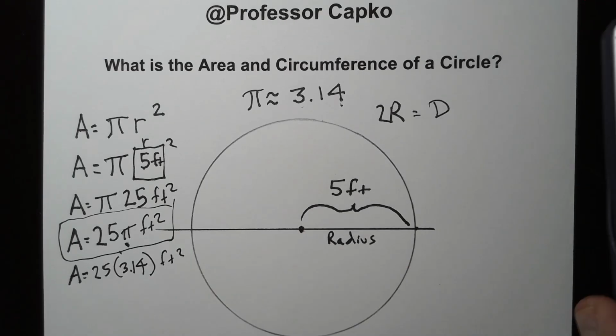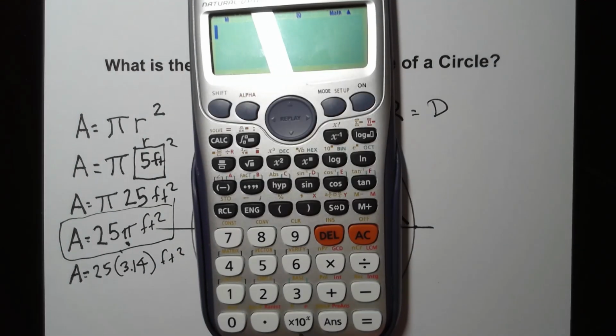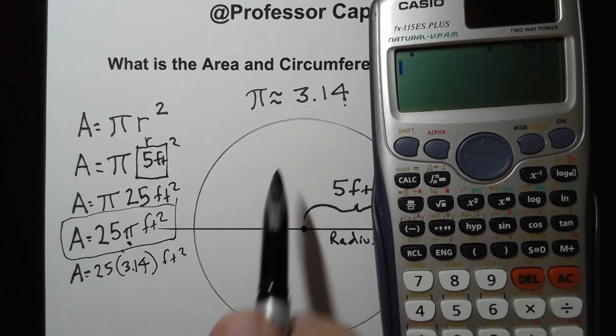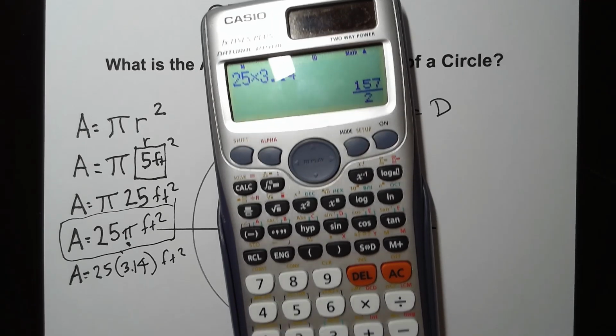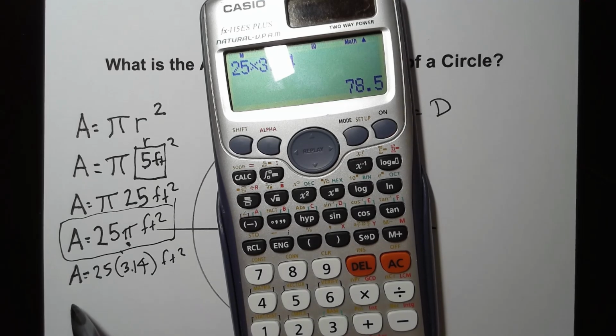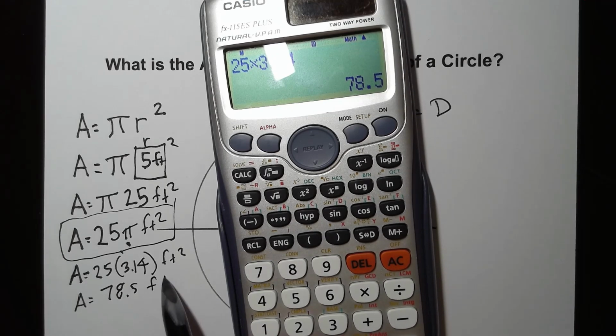So we multiply this out. I'm going to use my calculator, and it actually has a pi button on here. But if we've been told just to approximate as 3.14, I'm going to use that. So if I have 25 times 3.14, and mine gives it in a fraction, that is, the area is equal to 78.5 feet squared.